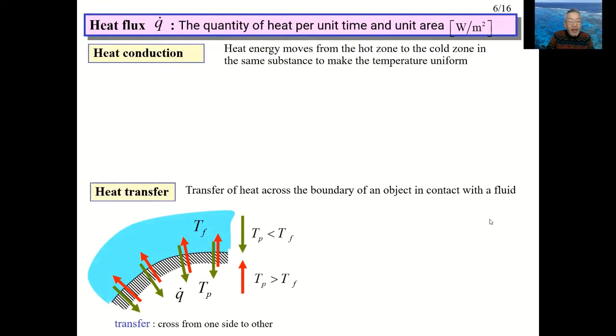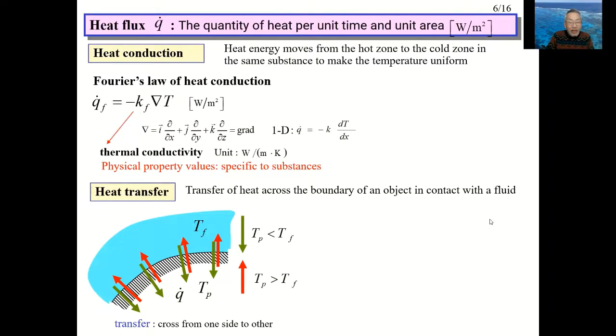Movement of thermal energy takes the form of heat conduction or heat transfer. Heat conduction is the move of heat from a hot zone to a cold zone in a single substance. Heat transfer is the transfer of heat between two different substances such as solid and fluid.